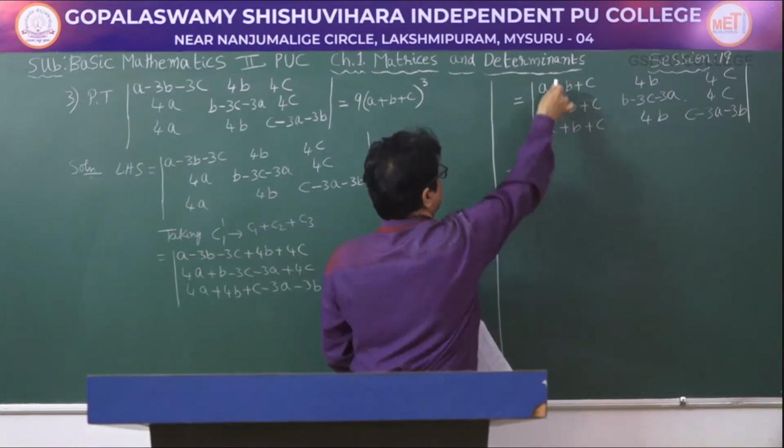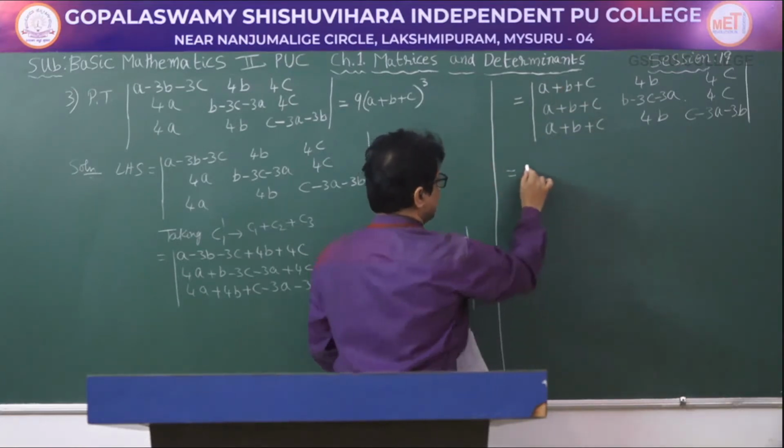If we observe here, in the first column A plus B plus C is common.